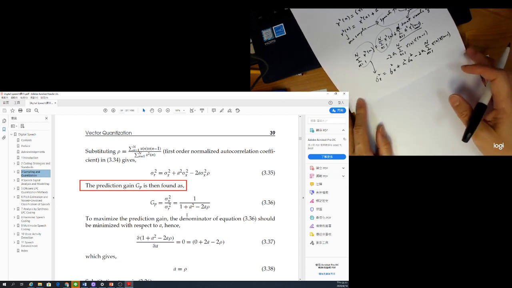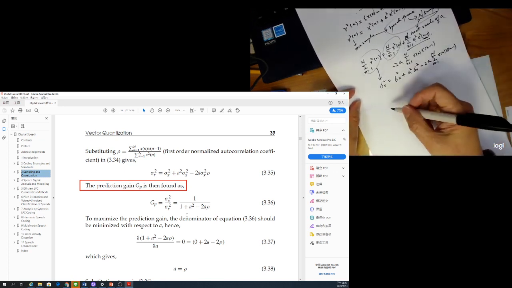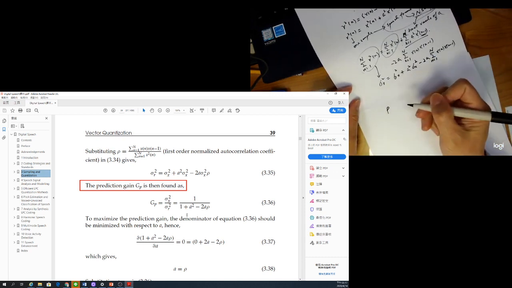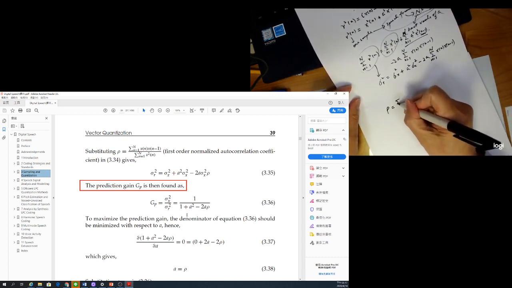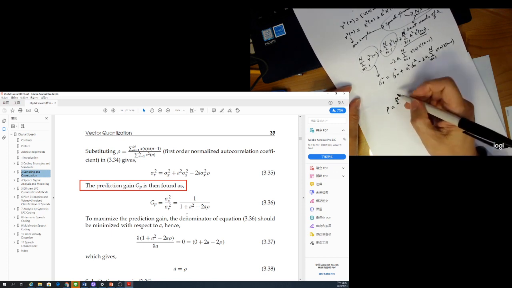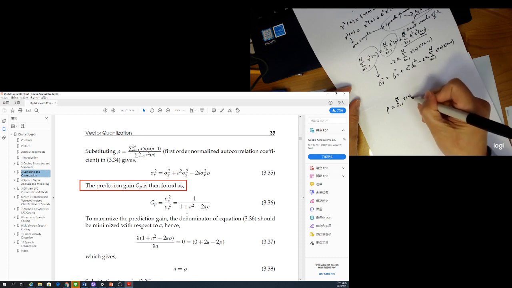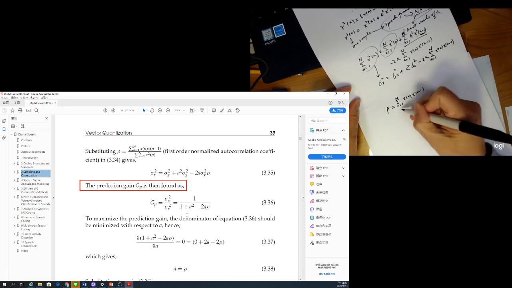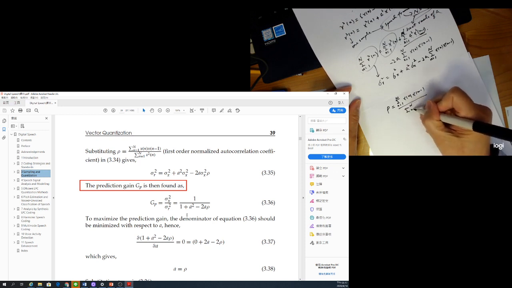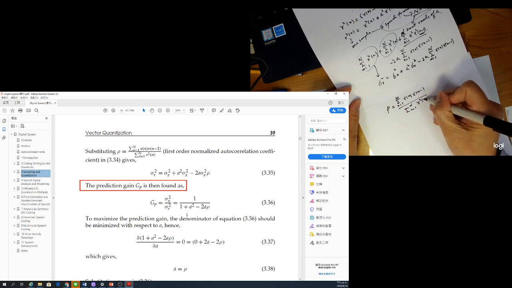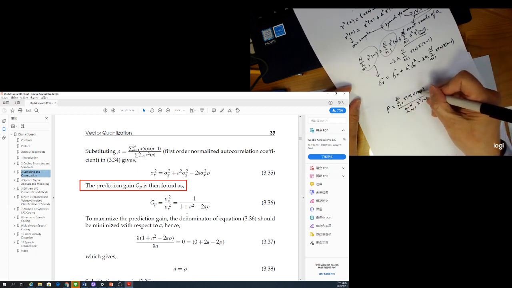So you can see here, they already define another symbol. Here they call this one normalized. They define another symbol here, because this one is your signal correlation divided by your energy.